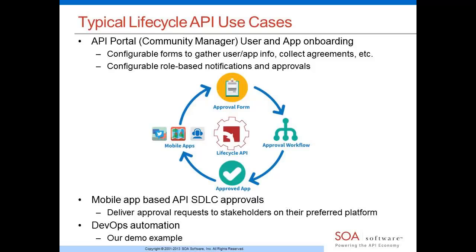Community Manager is designed to expose APIs to the external world, and the external world can be highly varied. Sometimes that external world is a narrowly focused set of partners that you specifically define, you invite, and bring them on board. In other cases, it is a much broader, open-ended set of consumers that you want to market to.